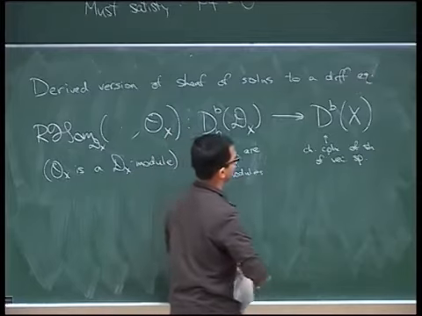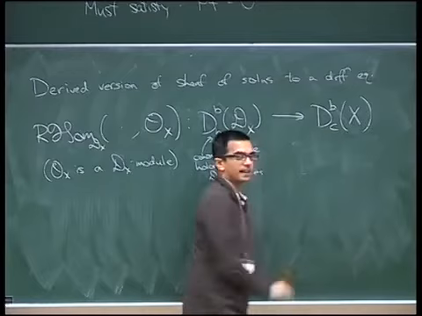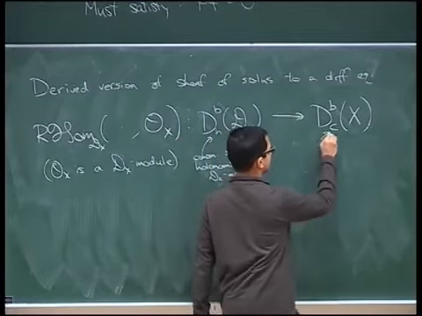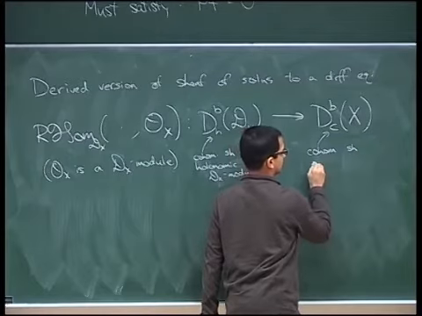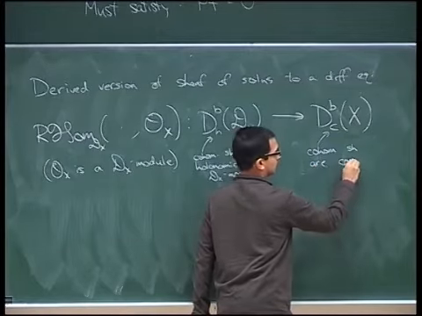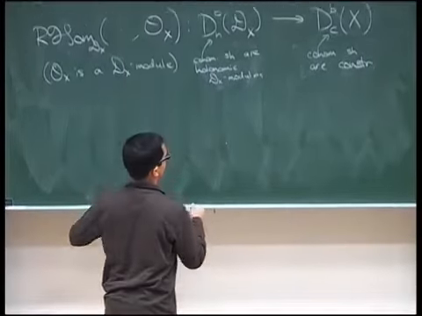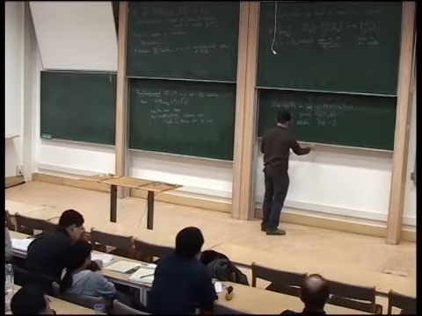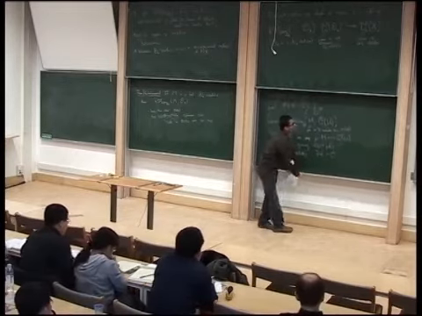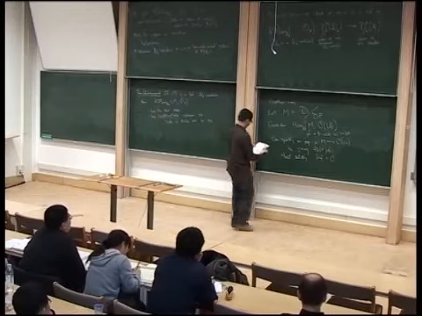And then I'll add a C here, and this means the same thing as yesterday. So this means that the cohomology sheaves are constructible. Okay. So we can make one more refinement to this.